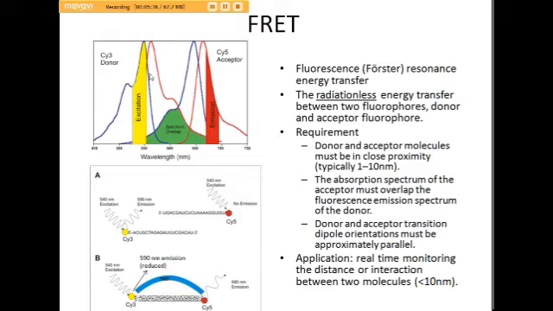So the donor's emission spectrum must overlap with the excitation spectrum of the acceptor. You can see the overlap region here.